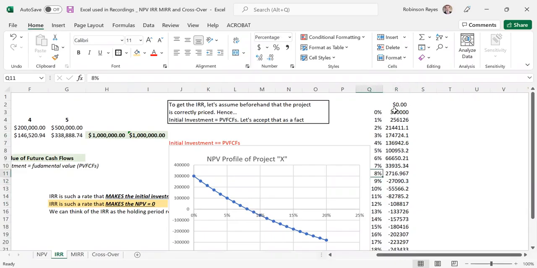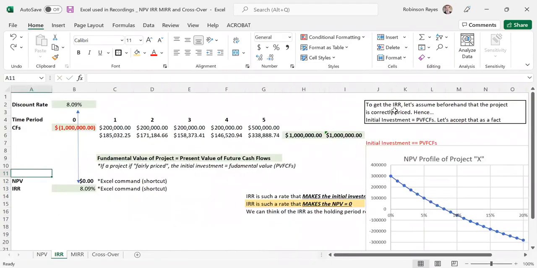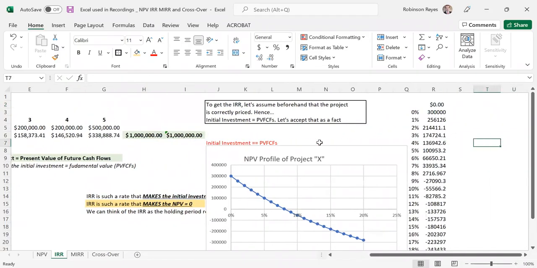We already know that the IRR is 8.09%, but we would need a little bit more of the decimals. Let me look at this. We had calculated this before, 8.08927. So if we try 8.08927 here, it's very close to zero, so that's the point in which the net present value becomes negative.